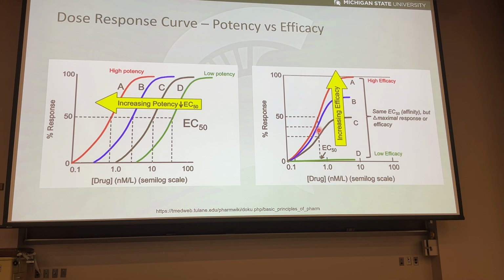Even though these drugs have different responses, the amount that it takes to get to half of their maximal response is the same, all right? So all of these drugs, when dosed with the same amount, will have a different effect. So here we have same efficacy, different potency. Here we have different efficacy, same potency.